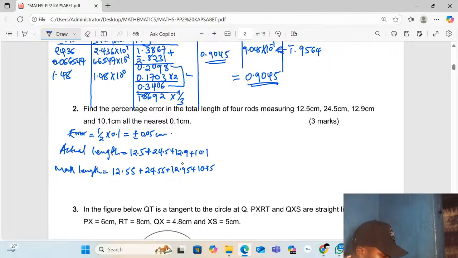Then when we add, the actual length we get is 60.0. Then when we add this one, we get 60.20.